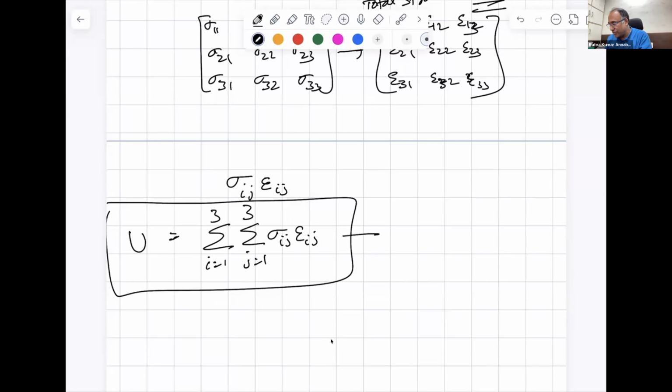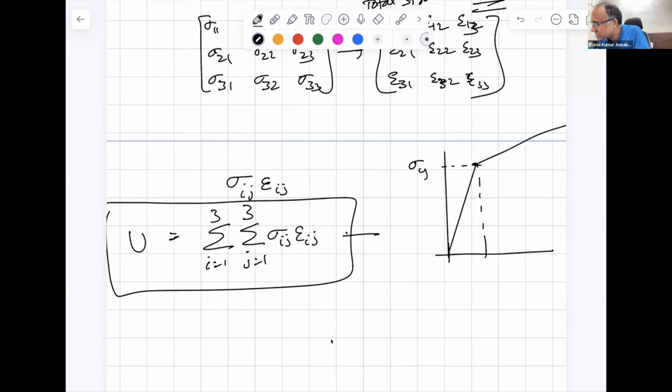If you are doing a uniaxial tension test, it will be like this. Let us say this is my yield strength of the material, and I am not interested in the flash deformation. This is epsilon y. The strain energy at yielding is 1/2 sigma y times epsilon y. Do you agree?